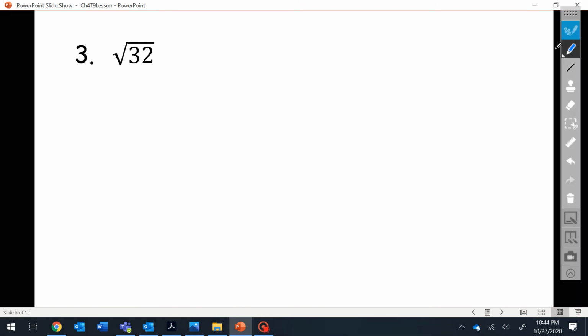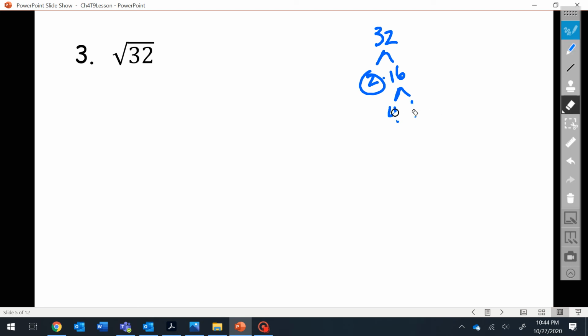What about the square root of 32? Let's break down 32. We can break it down into 2 times 16, and then 16 can break down into 4 times 4, or let's try something else.